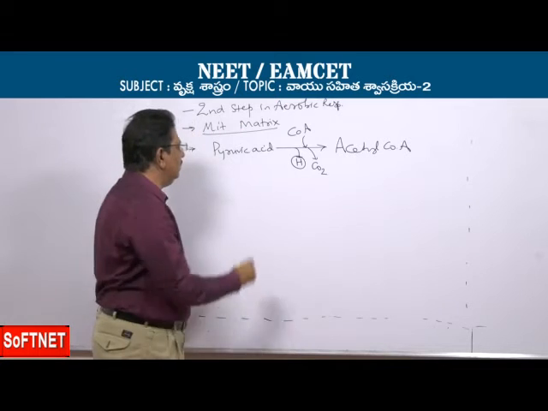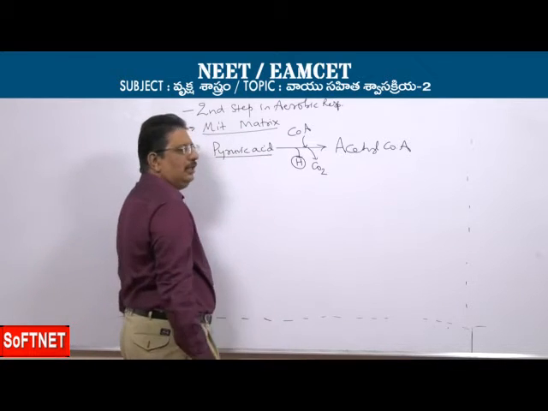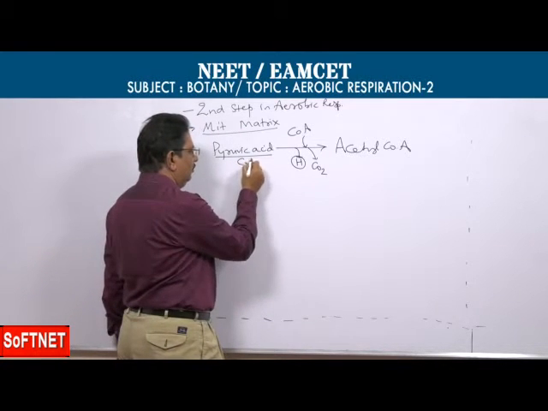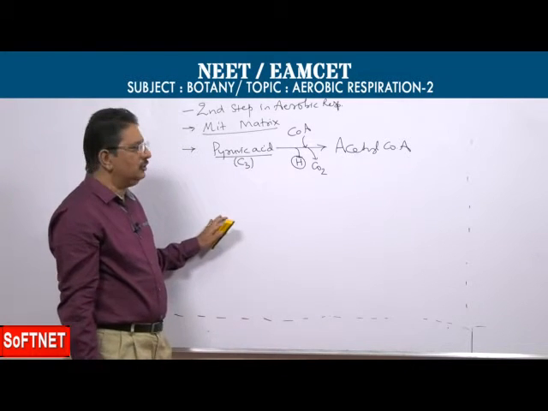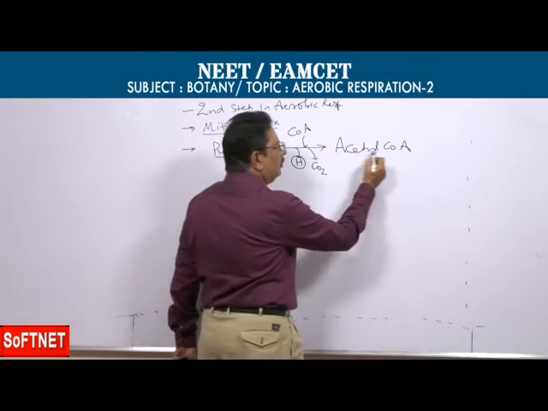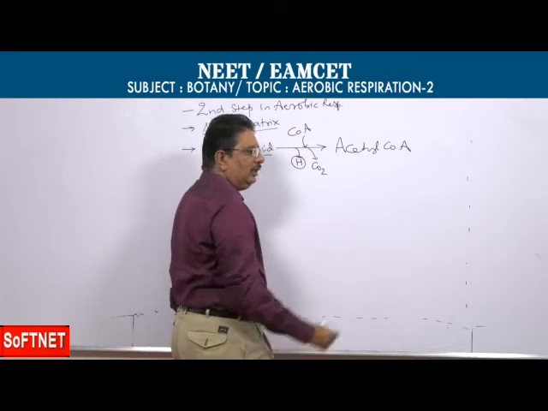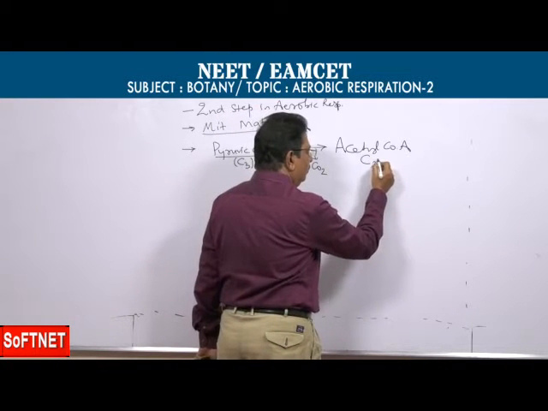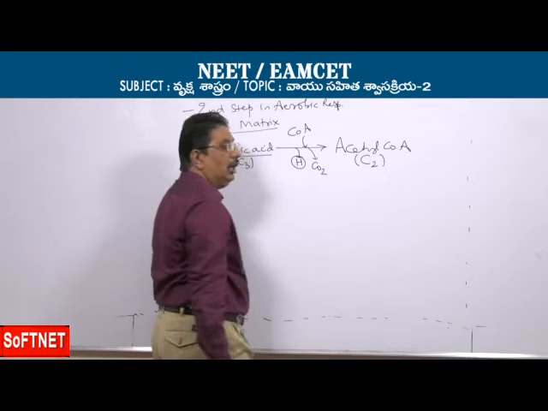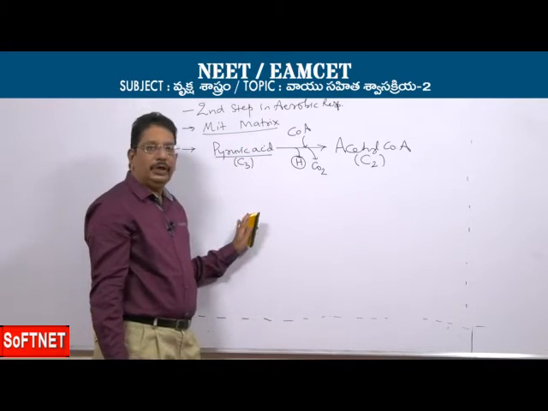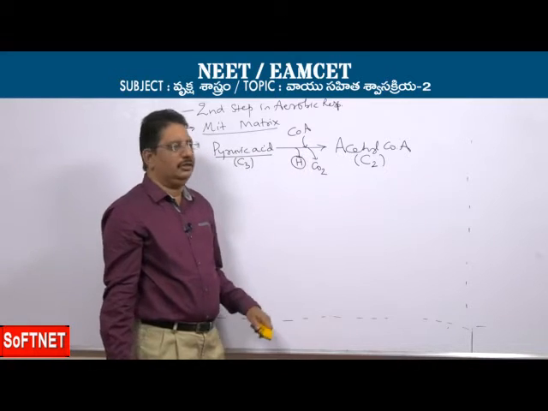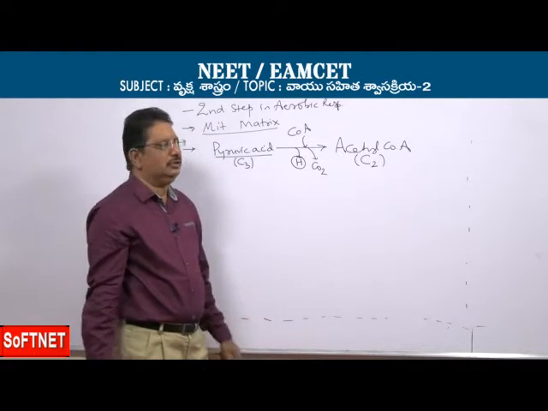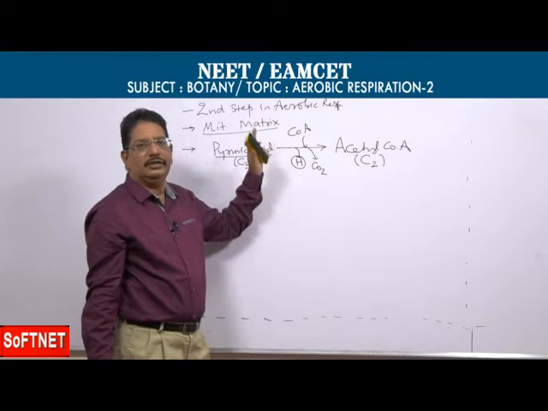So there is conversion of pyruvic acid, which is a C3 compound, the key product of glycolysis, into a simple organic compound, acetyl coenzyme A, which is a C2 compound, after a complex set of reactions like dehydrogenation, decarboxylation, and condensation.